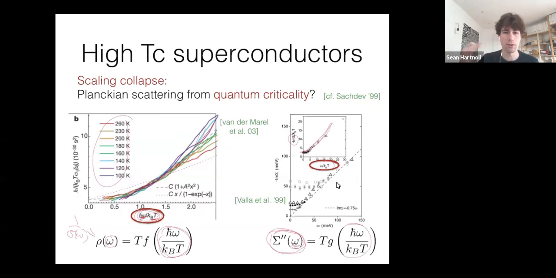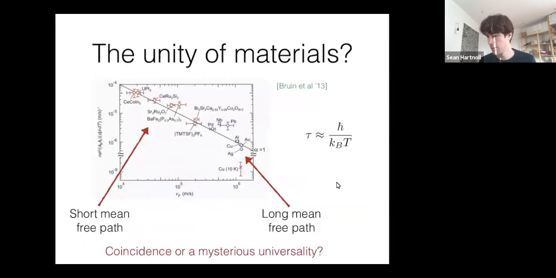The point of saying this is that the T linearity here seems in these cases to be tied up with some kind of scale invariance, which would not be the case in the phonon problem. So I'm trying to tell you two ways in which it looks different. One is that the mean free paths are much shorter, and second is there's some evidence perhaps for something quantum critical.